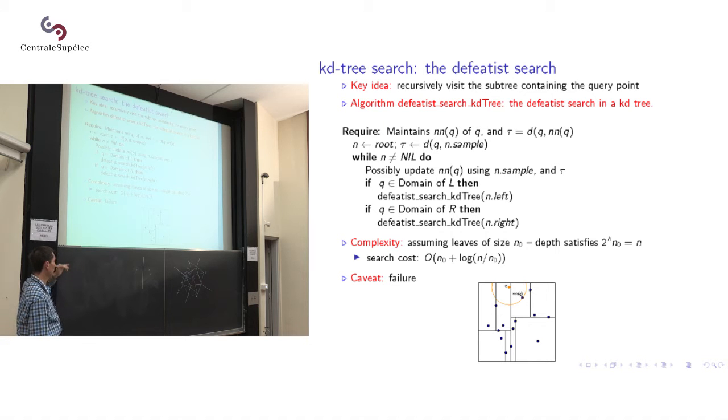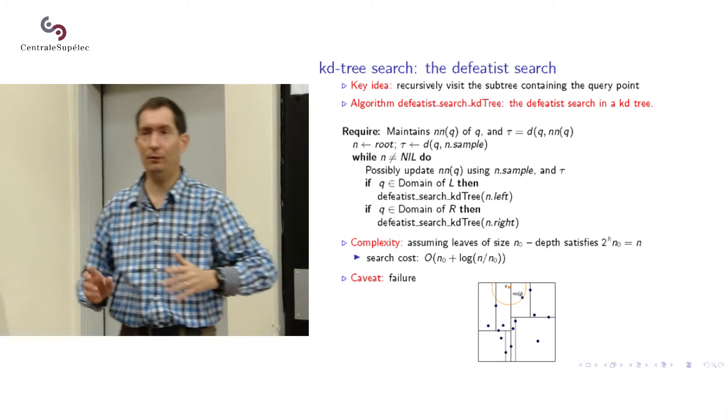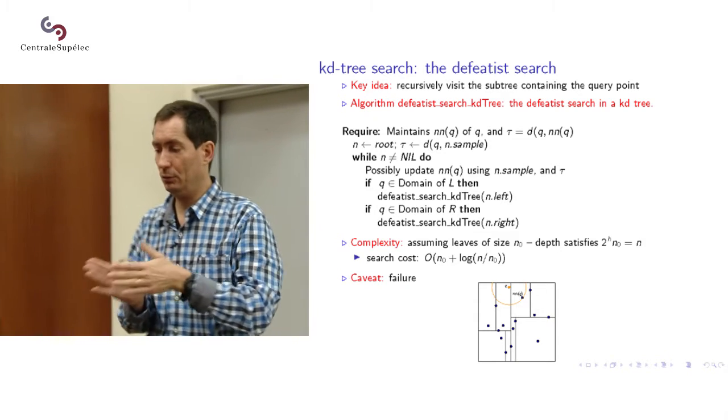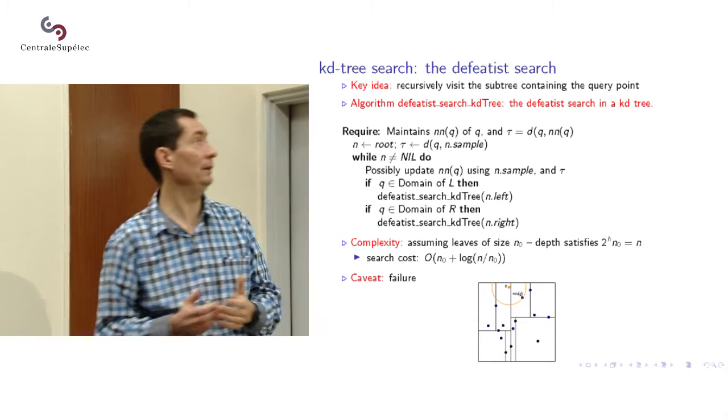It turns out that I'm now sitting on the right subtree of this node, and so I'm going to recursively descend into this right subtree. Again, this is a greedy strategy. You make a decision, you go to the right, to the left, and you stick to it. So what is the problem?